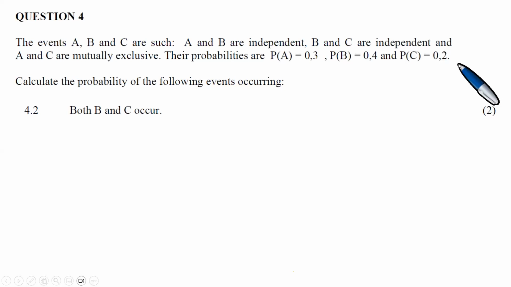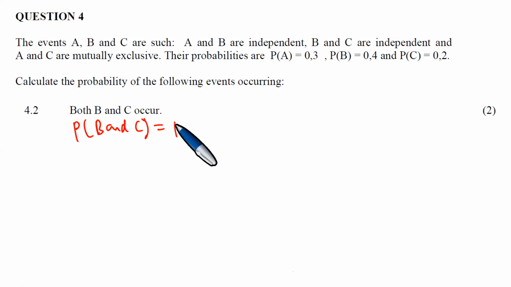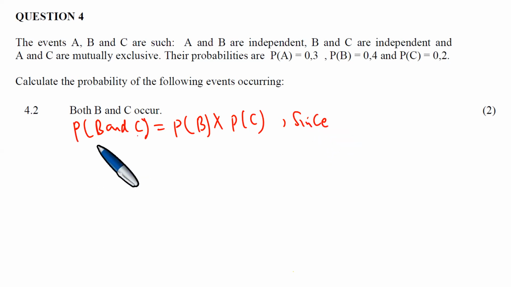Remember that because B and C are independent, the probability of B and C occurring is the probability of B times the probability of C. Why do we write the formula like this?